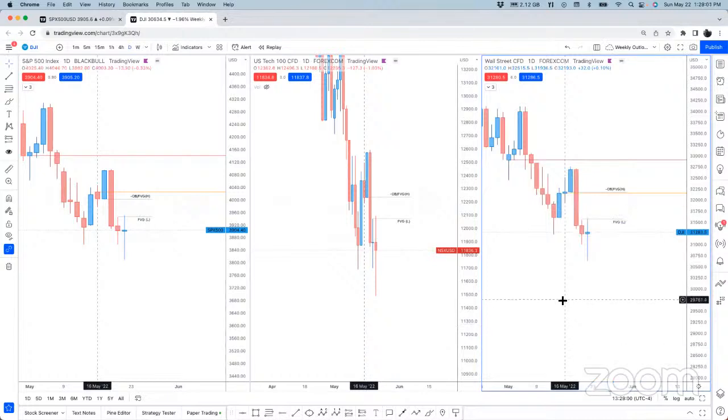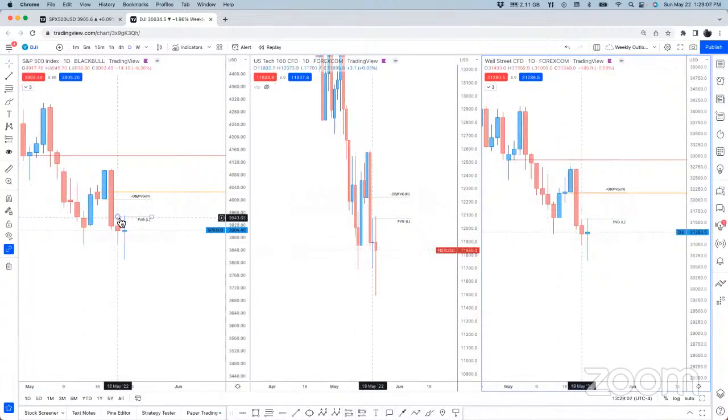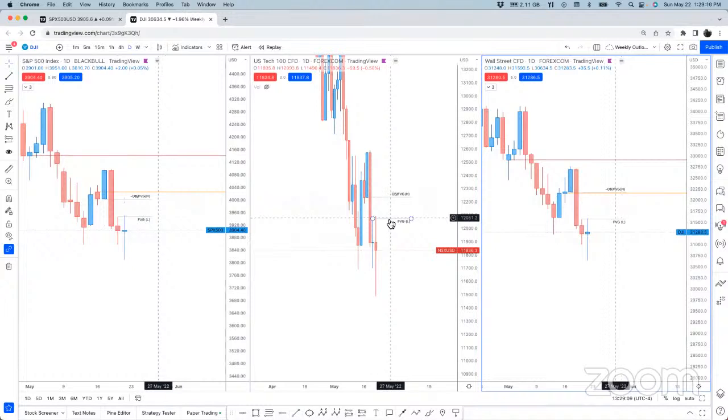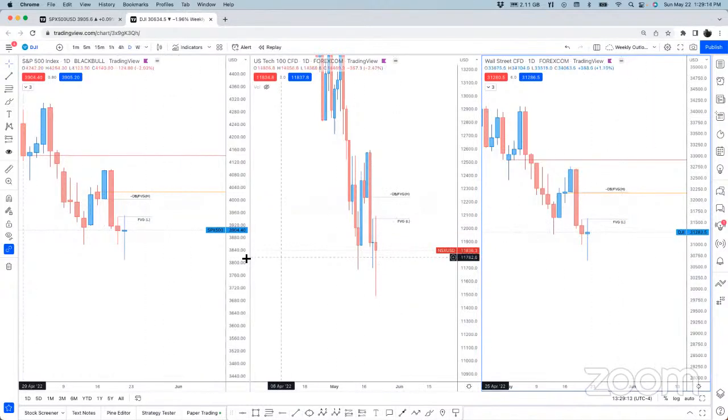Okay, so going into next week, our first area that we need to consider is we need to push through this gap low for each one.